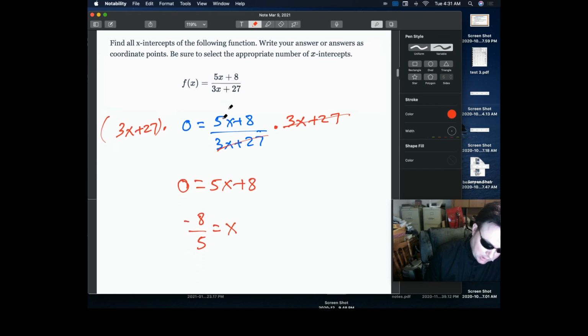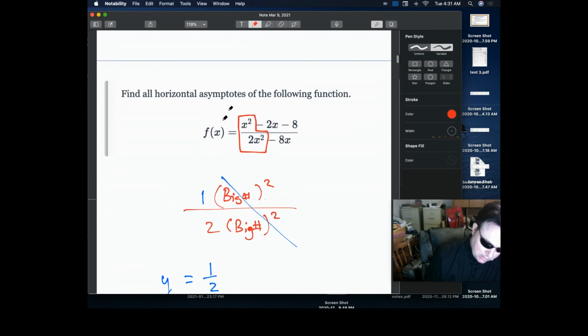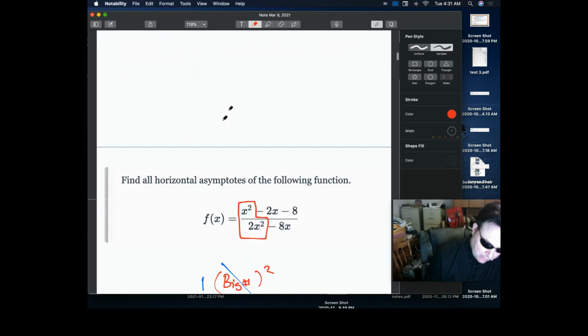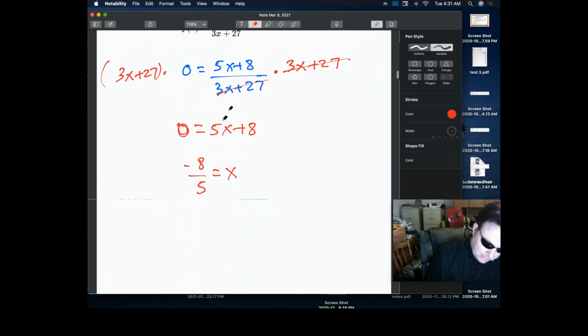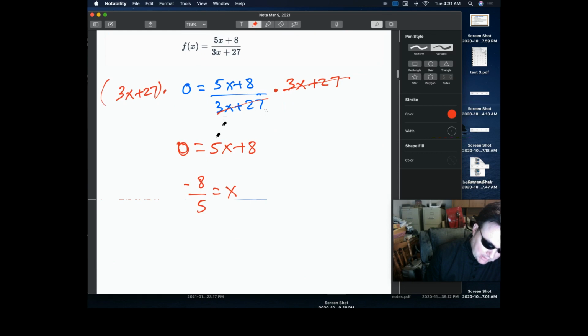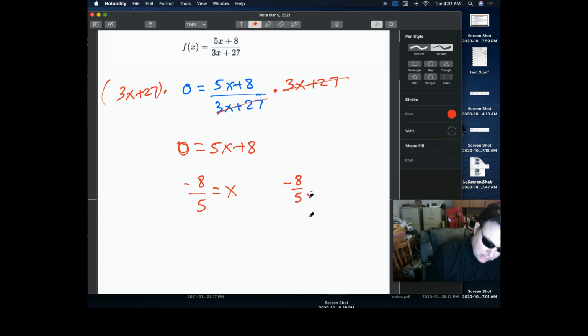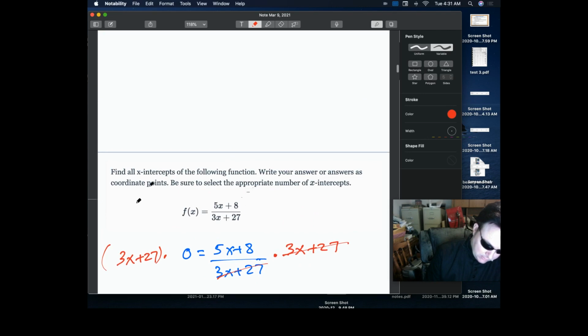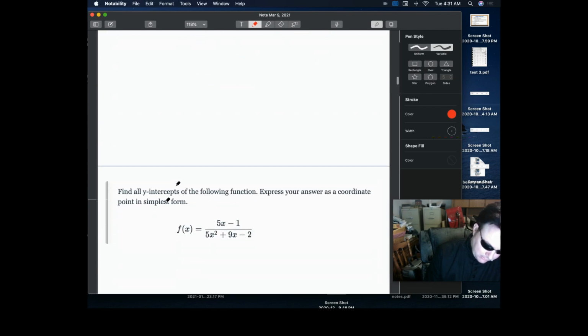Because that changes the game up, as we saw in this example here. But that's not the case, and so the numerator equal to 0, solved, we got negative 8 over 5. Now it's asking for an ordered pair, so it's x comma y. We just solved for x as being negative 8 over 5, and y is 0 whenever we're asked to find the x-intercept. Okay, cool beans.